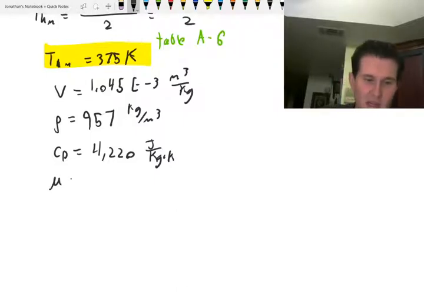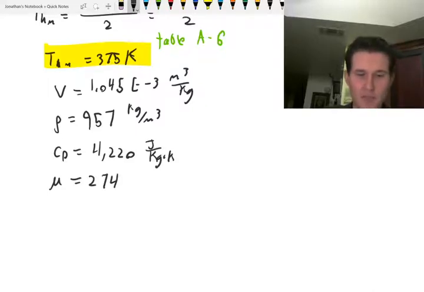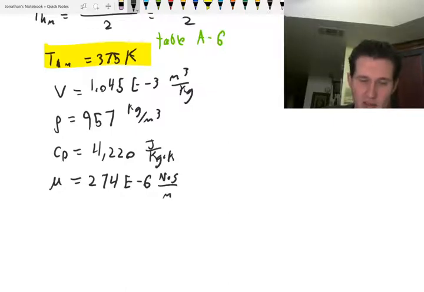Now we get our viscosity. Remember, this is the absolute viscosity. There are two viscosities: one where we divide by the density, and one where we don't. So this is just the straight viscosity. No density is a part of this function. We have our K. Remember, K is your thermal conductivity, how well your water conducts without mixing.